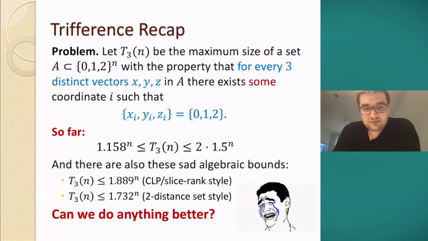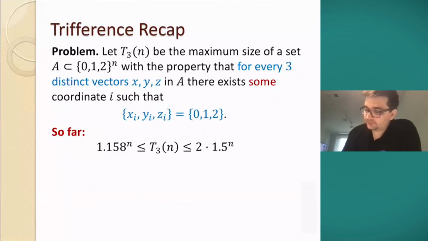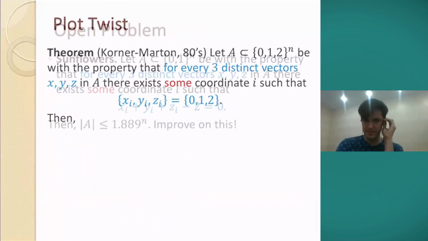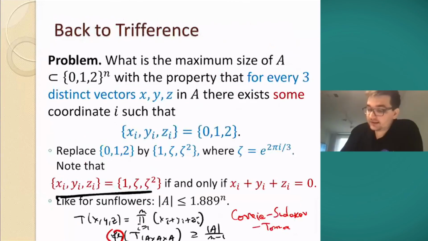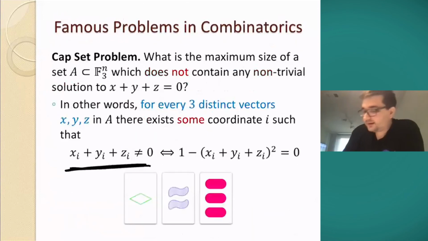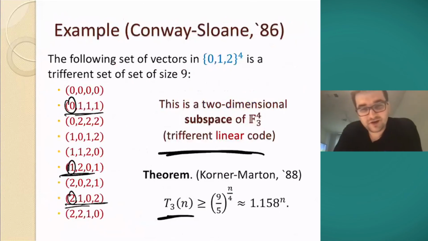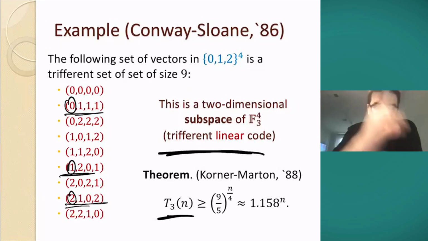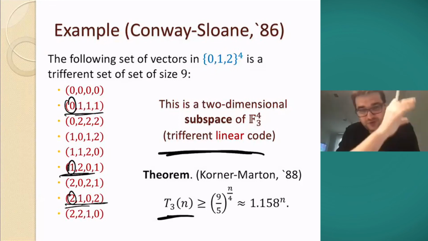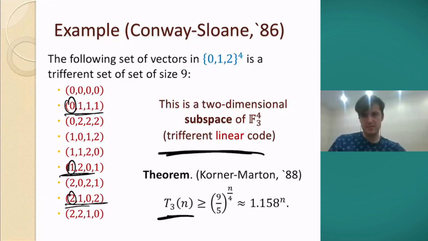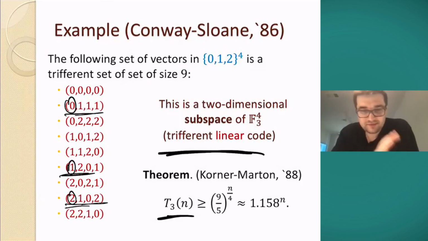Yes and no. This Körner–Marton lower bound is a deletion argument, but not really the naive deletion argument that one can do to get an exponential lower bound. It really uses this linear code as an input in the construction. So it's kind of a mix between product and probabilistic argument, a clever construction.